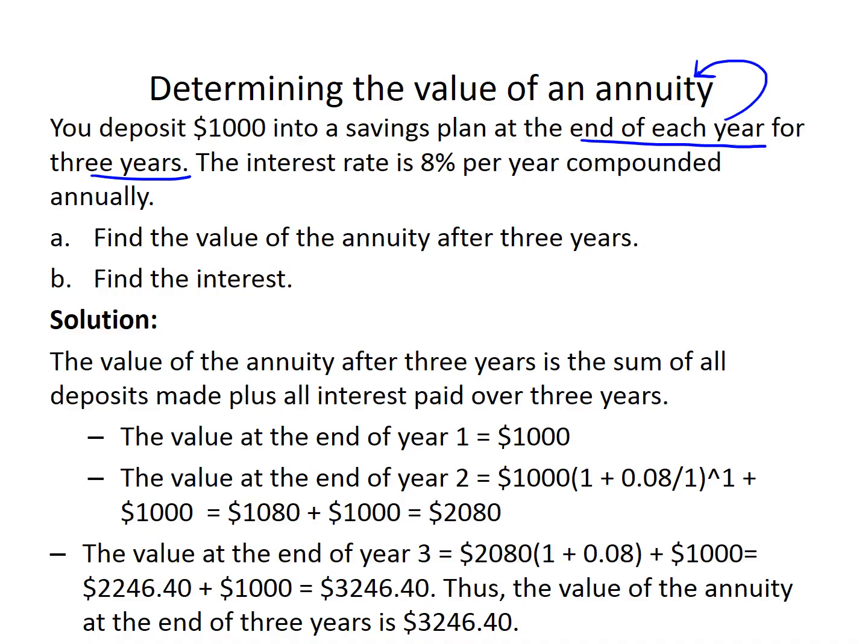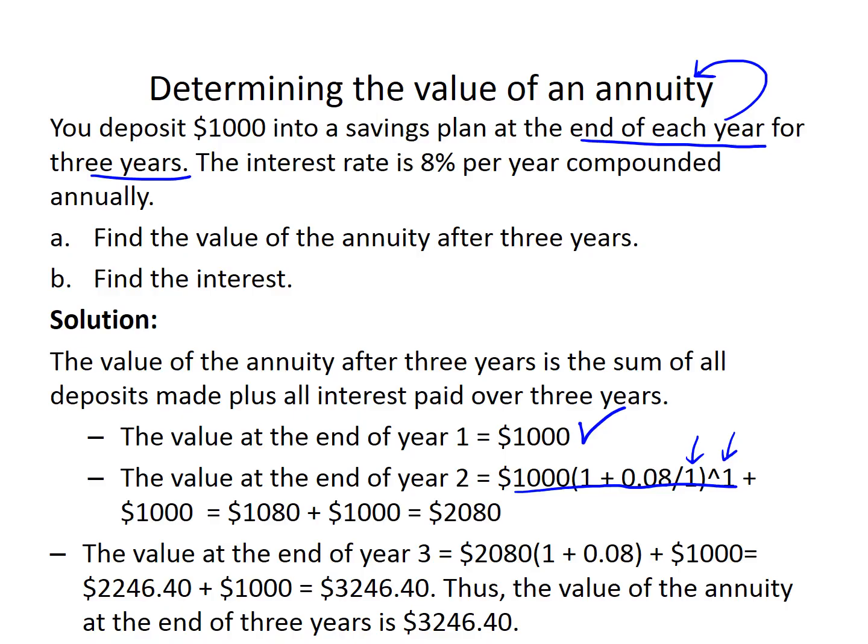We're first just going to show you how you would do it without formula number 5. So you invest $1,000, right? And at the end of the next year, if you use the regular compound interest formula, P times 1 plus R over N to the NT, you were just doing it for 1 year, so this here is 1.